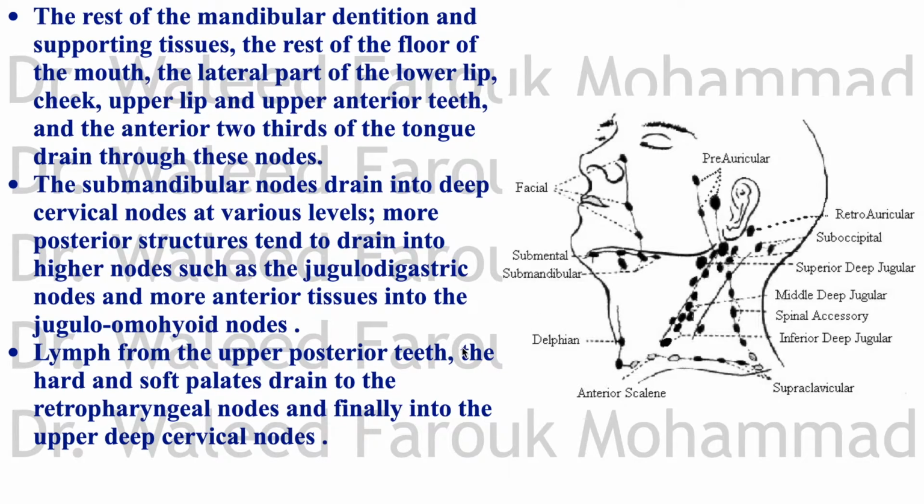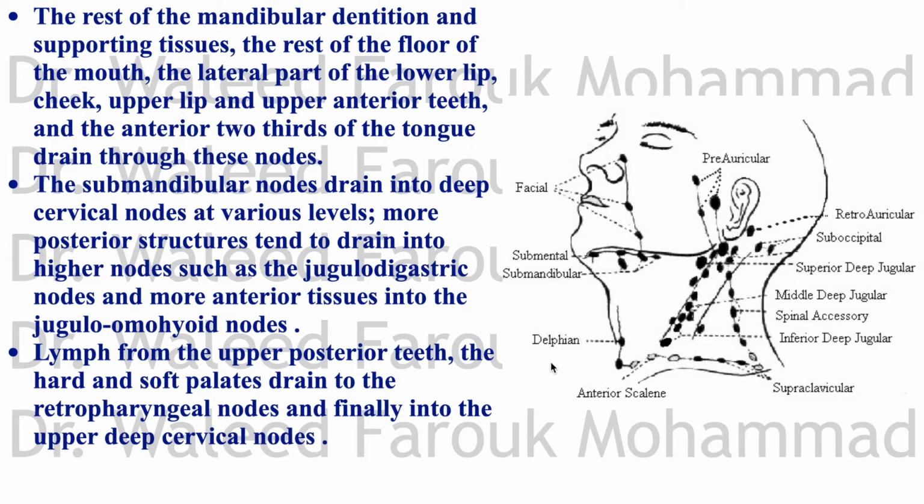The submandibular nodes drain into the deep cervical nodes at various levels, either to the superior group, which is the jugulodigastric group, or the inferior group, which is more anterior. The anterior parts of the submandibular lymph nodes drain into the jugulo-omohyoid lymph nodes.